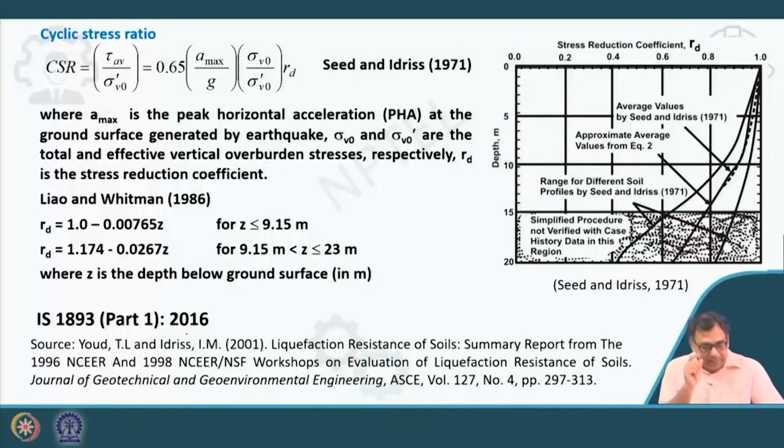That's why these two terms are used here: CSR and CRR. Now, what is CSR? CSR is the cyclic stress ratio that I have already discussed.